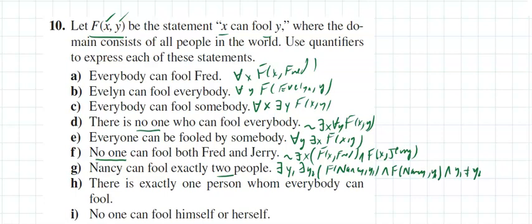There's more to this. Nancy can fool exactly two people. So there exists a first and a second, and those are not equal. But she can fool exactly two persons, and for any y, if Nancy fools y, then y would be either the first one or the second person, because these are the only two people she could fool.